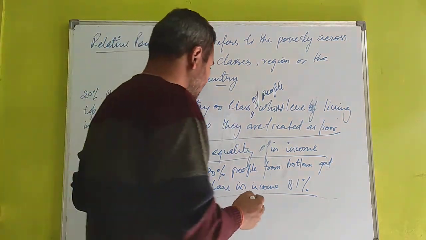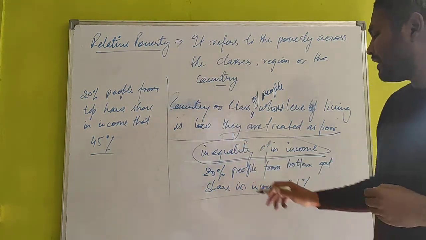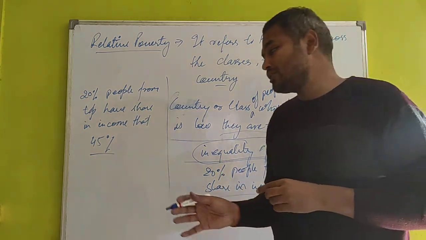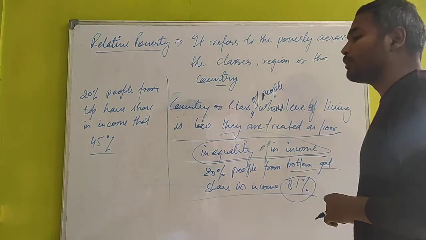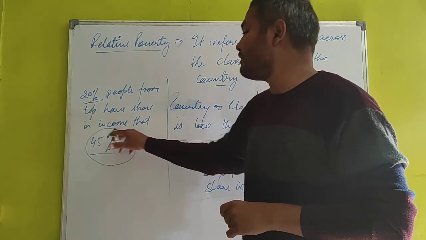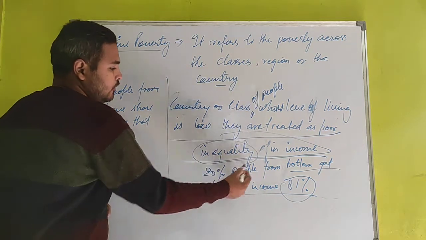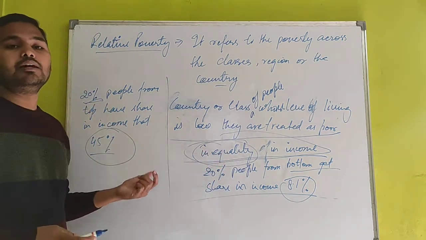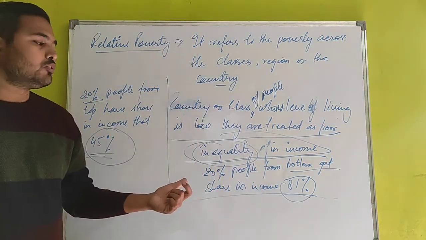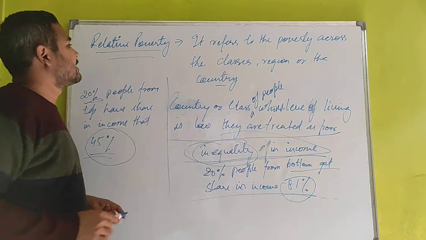So now you can see the inequality in income on the basis of this. So you can see the inequality in the distribution of income: on one side 45%, and on the other side 20% of people are getting only 8.1%. So this is called relative poverty.